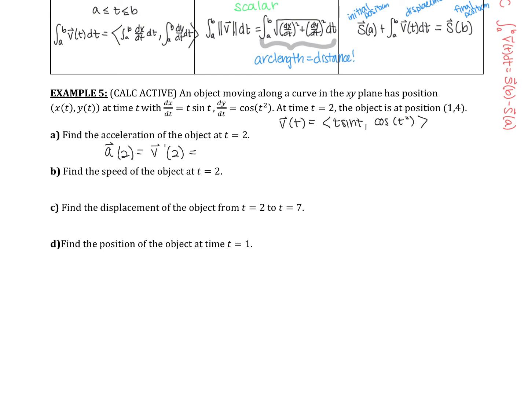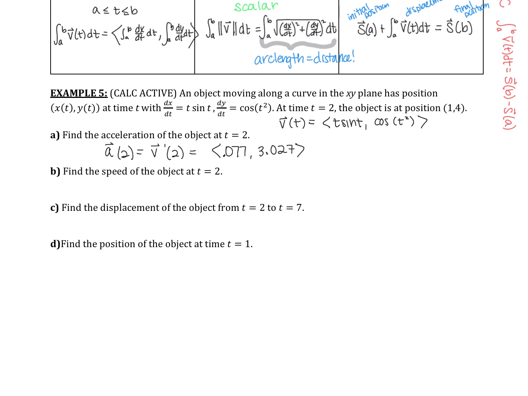Again, remember your calculator needs to be in radian mode. And when we do this, we get 0.077, comma 3.027. And that would be, sorry, not the velocity, the acceleration of that object at time t equals 2.